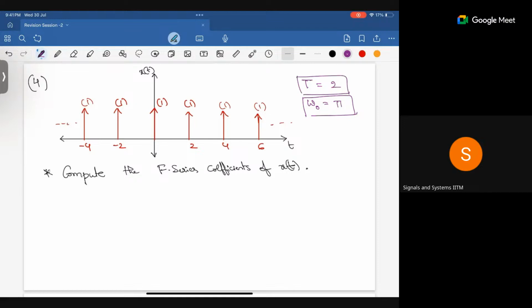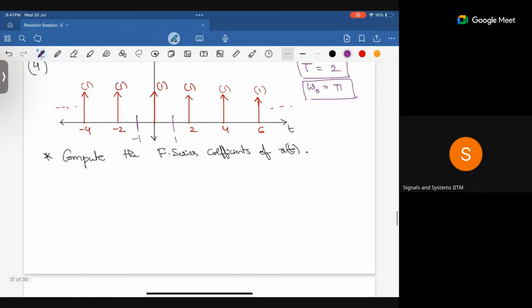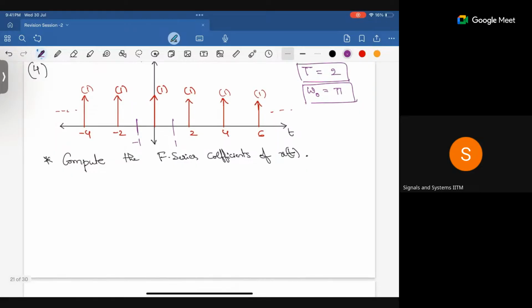So these two things are clear. And one time period is sufficient. So all we need is one time period. We will pick minus 1 to 1.